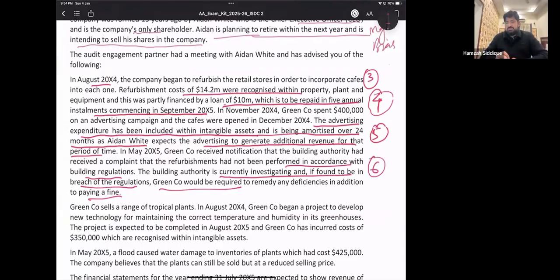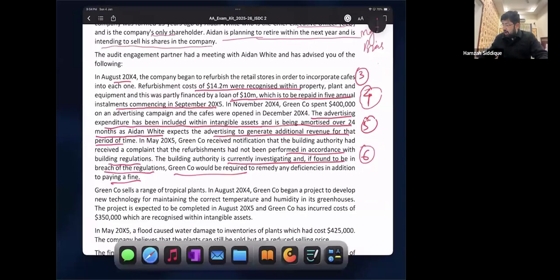Just count. Provision for legal claim over here, that they may need to pay this amount and may not have recognized it. It is a possibility.